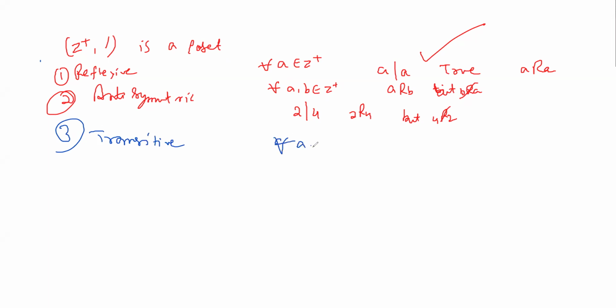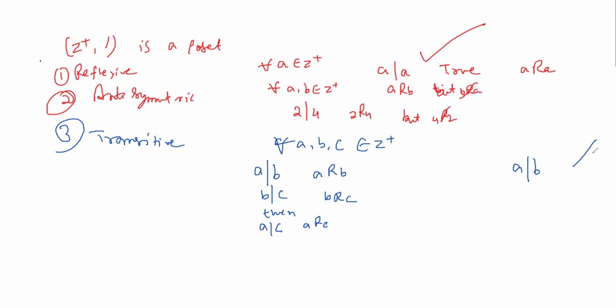For all A, B, C belonging to Z positive, means positive integers: A divides B, means A is related with B. B also divides C, means B is related with C. Then A is related with C, means A divides C. This is the symbol actually. A divides B. Don't write like this. Always write a straight vertical line. It means A divides B.